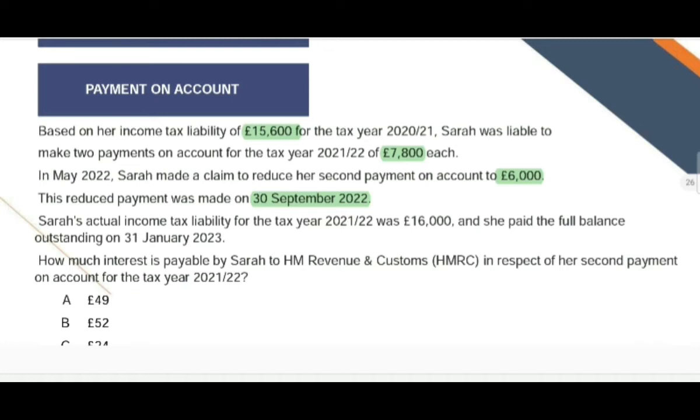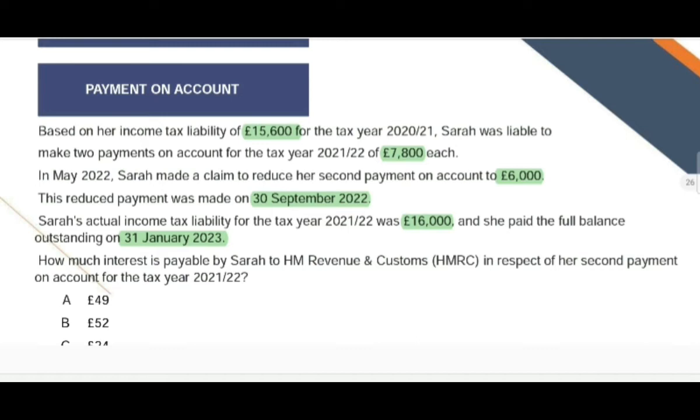Sarah's actual income tax liability for the tax year 21-22 was 16,000, greater than expected, and she paid the full balance outstanding on 31st January 23. Whatever amount she had to pay, she paid on 31st January 23.